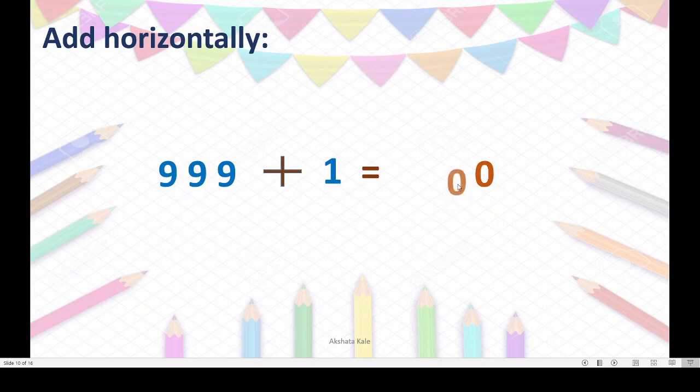So again 0 we will write. And 1 is carried over to the hundreds place. Now 9 plus 1. That is 10. Our answer is 1000. Got this? Good.